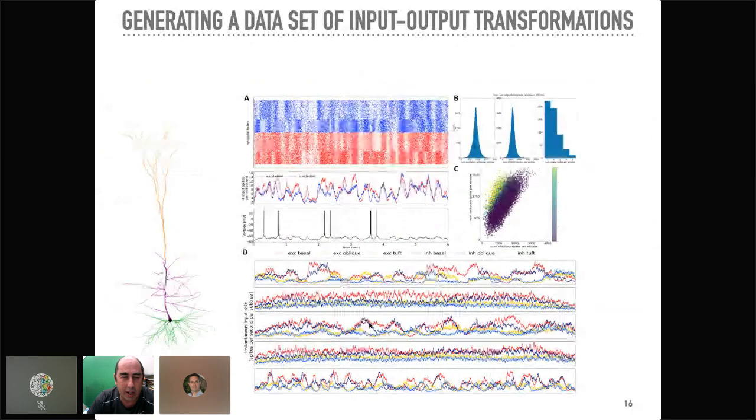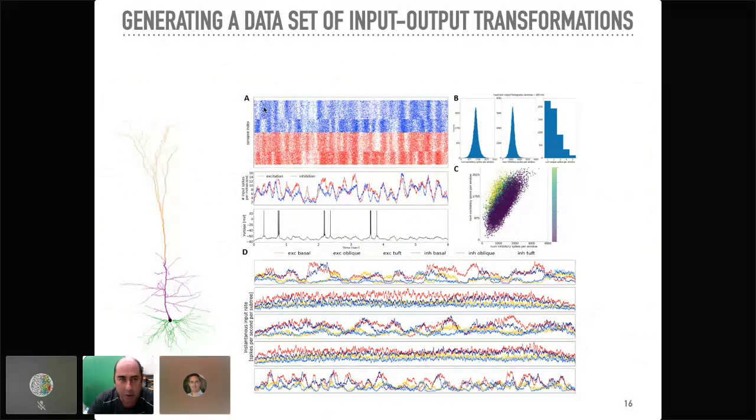Okay, so the idea is that we take a compartmental model. It actually is a model of Itai. We generate many spike trains that activate excitatory synapses and inhibitory synapses. We sample them from some distribution. We play a lot with the relative balance between them.